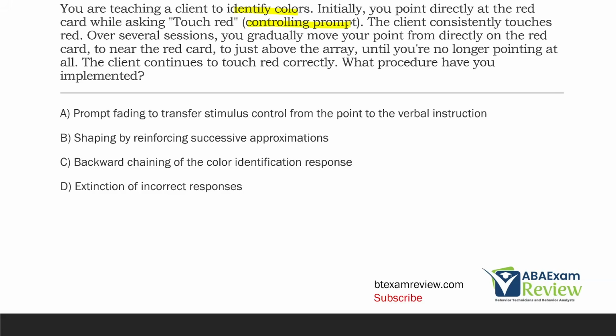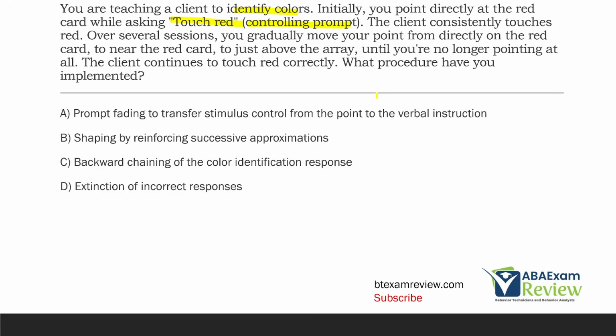And the reason we want to fade out the prompt is we want the actual stimulus that we want to control the behavior to become the SD. So we don't want the prompt to be the SD, we want touch red. So over time, you are gradually moving from pointing to pointing near the red card to pointing above the field until you're no longer pointing at all. You've essentially moved from giving the answer to no prompt whatsoever.